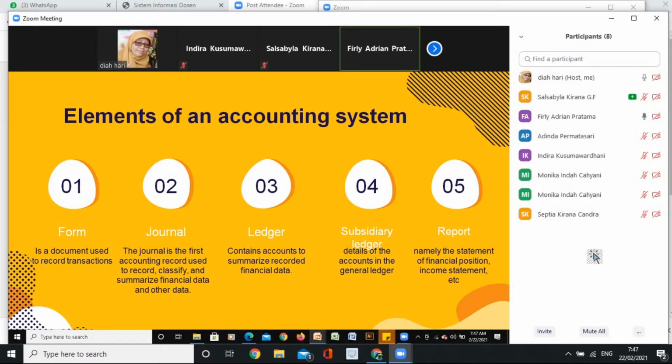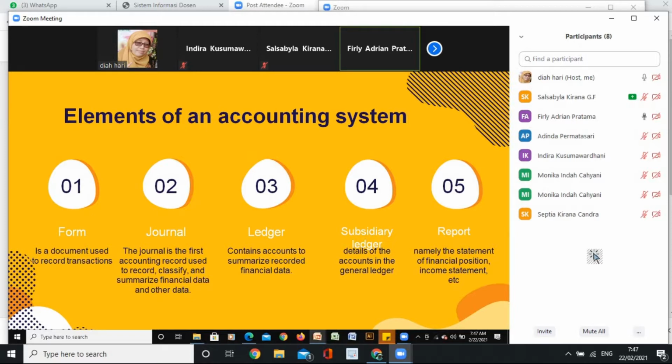And the second is journal. The journal is the first accounting record used to record, classify, and summarize financial data and other data. Journal is made based on the form. Examples of journals are cash receipt journal, purchase journal, sales journal, and general journal.